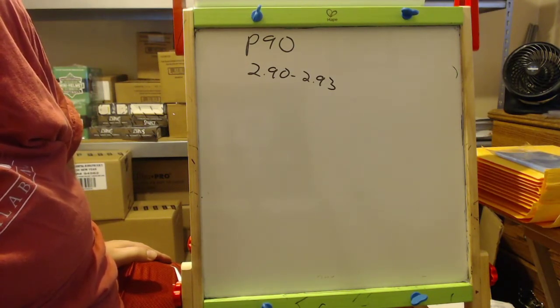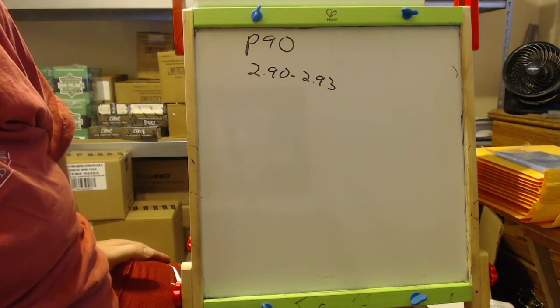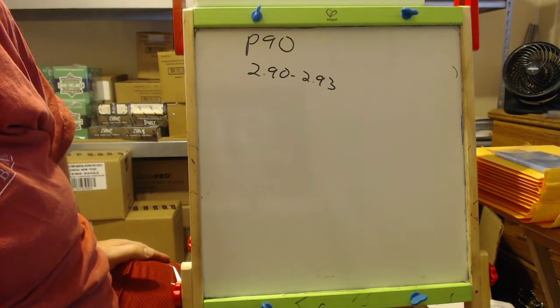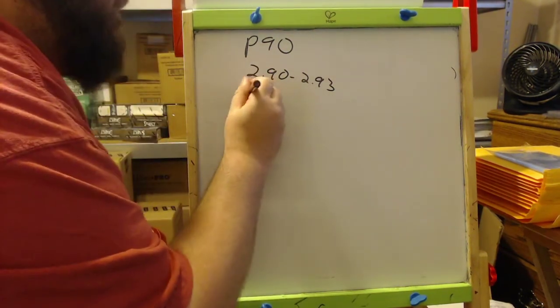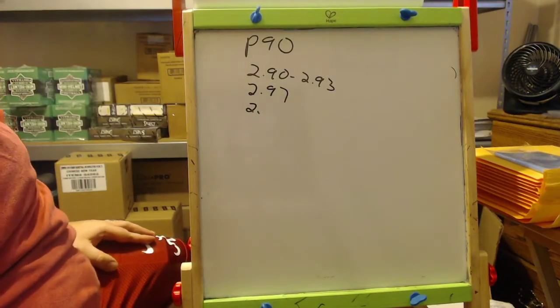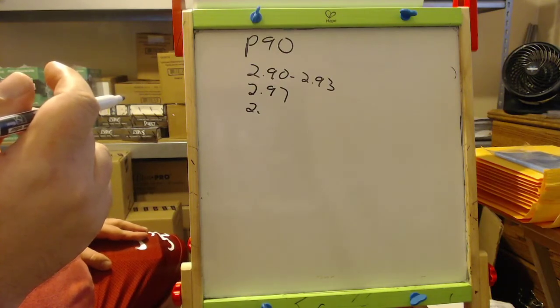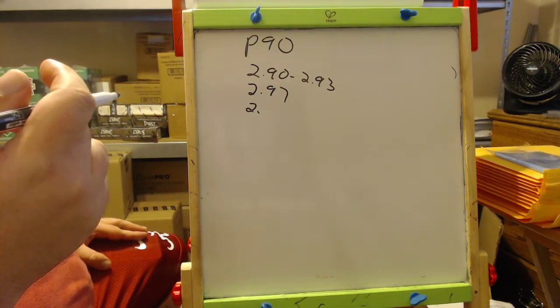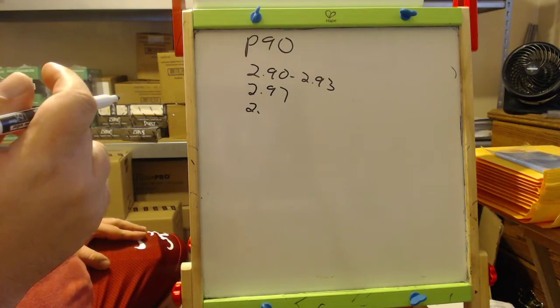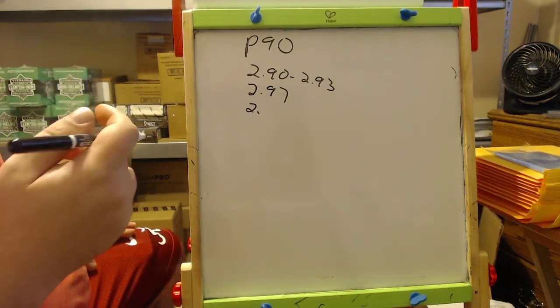2.97, okay, and then 2.100, 101 and 102.